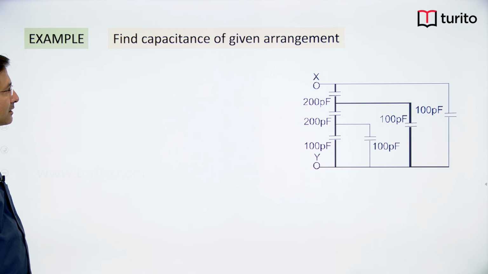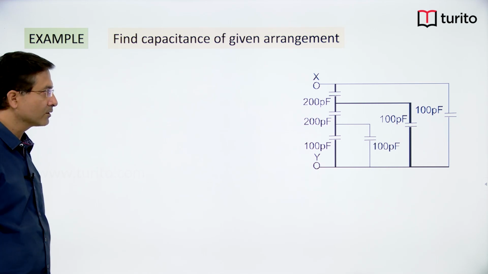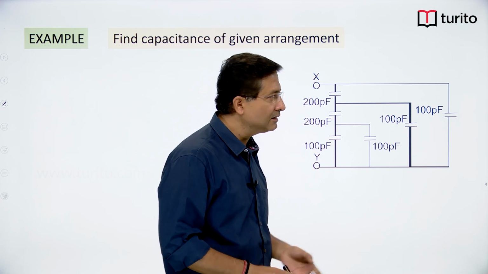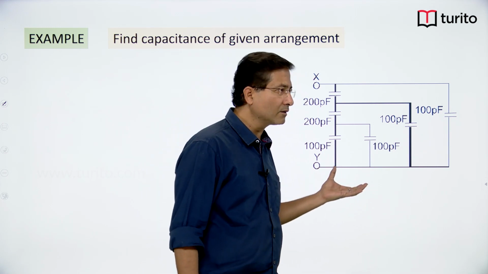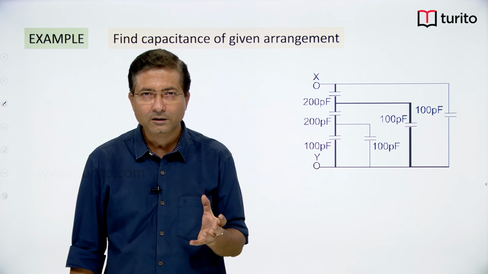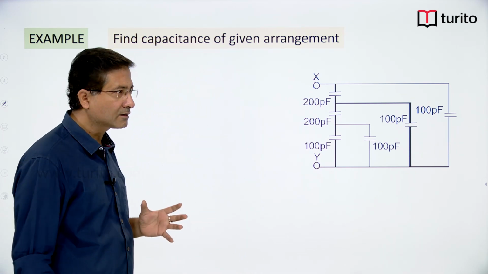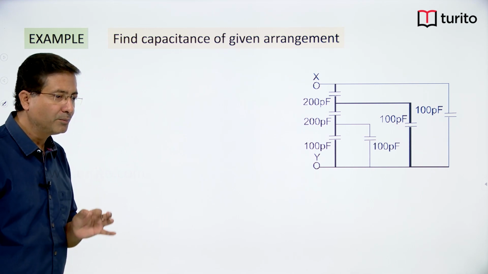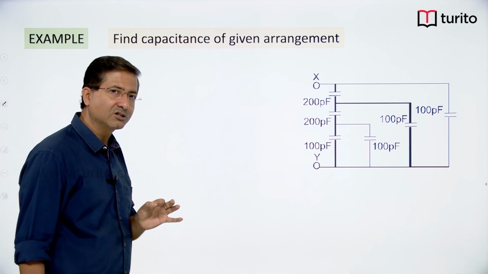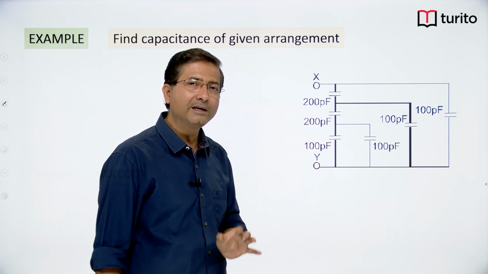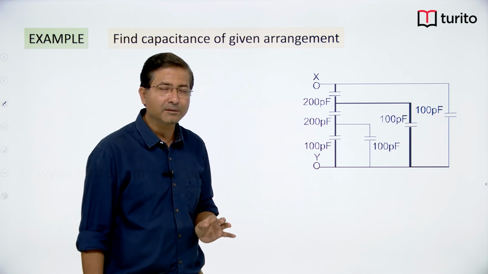So let us see some examples. The circuit might be given in such a way that initially you are unable to observe which are in series combination and which are in parallel combination. The logic is: for series combination, at the junction of joining of two capacitors, there should not be any other capacitor or any other element connected.